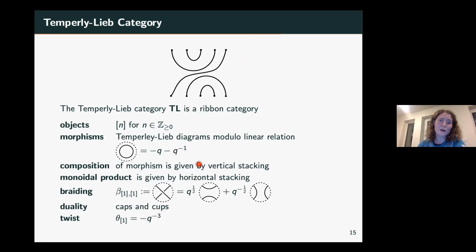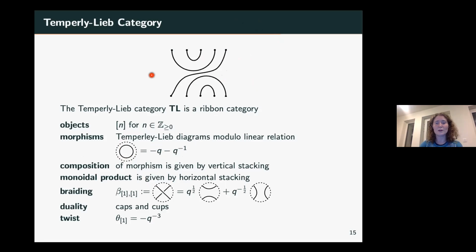If you want to compose your morphisms, you just stack them on top of each other, and you remove any circles that you produce by replacing them with a factor of q. You can construct this into a ribbon category.